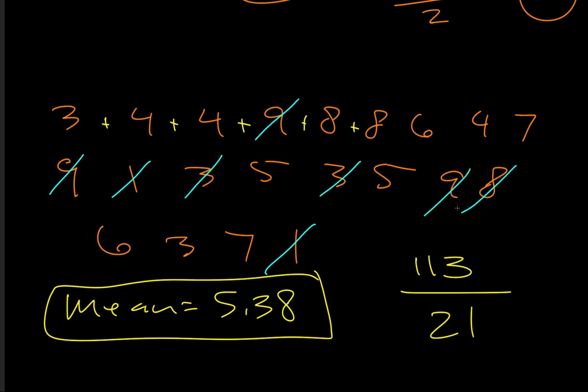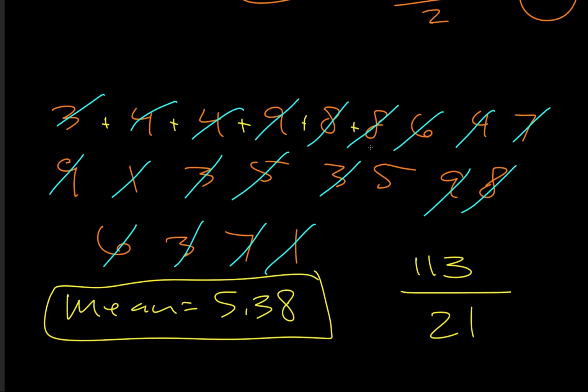Low 3, high 8, low, high, low, high, low, high, low, high, low, high, low, high, and so the middle value is a 5, so the median is 5.